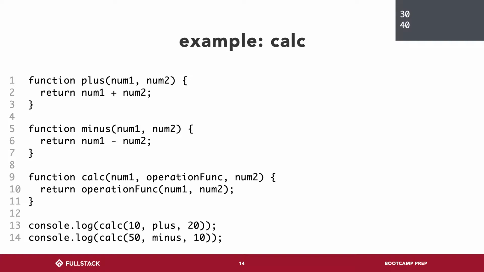Well, if you're writing the higher order function, let's say you're writing that first. You're writing calc. It's going to take a function. It's going to take two numbers. Well, you don't know what the function is, so you're going to return whatever that function is. And then you have to write the other two functions, and you have to make sure those are returning something, or else it's going to be undefined. You got it?